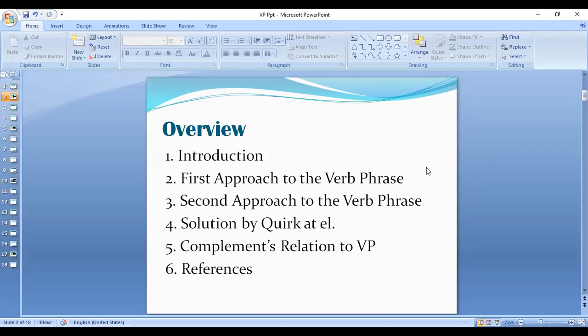My topic covers introductions, what a verb phrase is, the different approaches to defining verb phrases, some solutions proposed by Quirk et al., and the verb phrase's relation with other sentential components, complements.